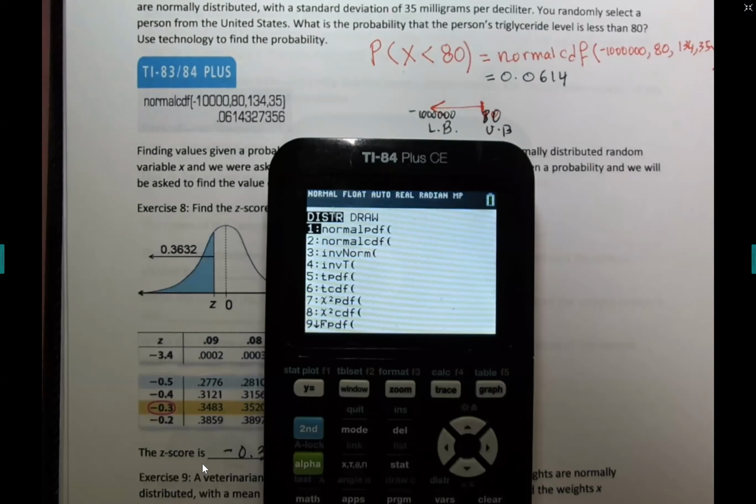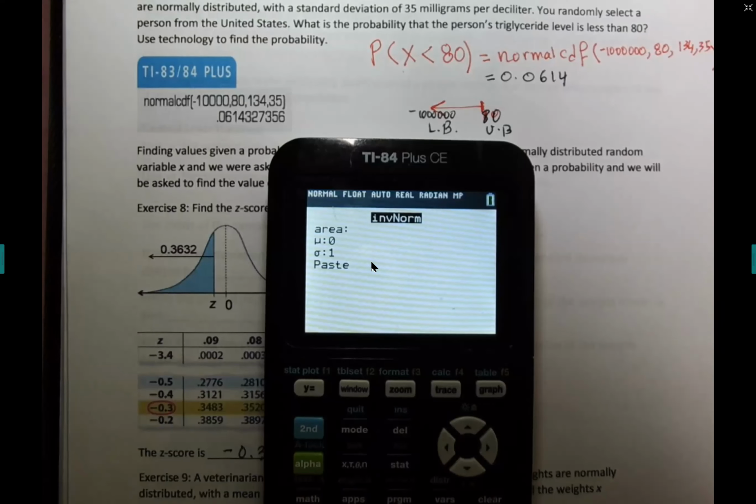We need something that does the total opposite. Can you see it on the screen, guys? Is there any feature that speaks into this? Yes, the inverse norm. Very good. The inverse norm, guys, it says inverse. Inverse means reverse, you know the process. And this is normal. So this is inverse normal. I'm going to take you to it.